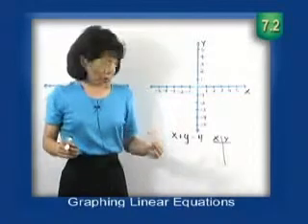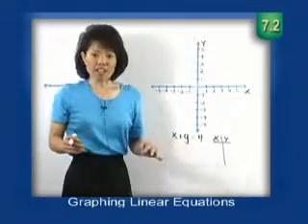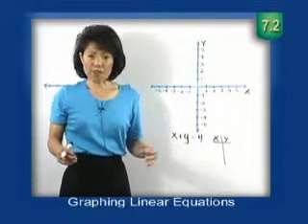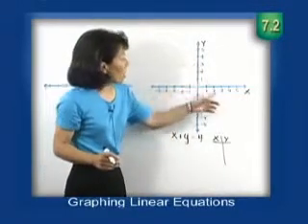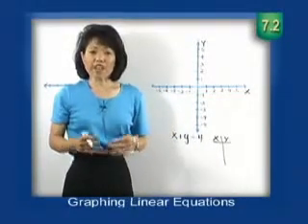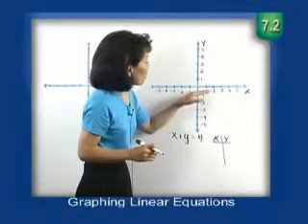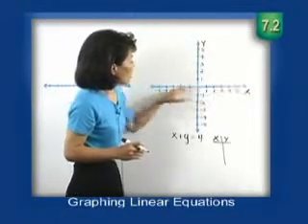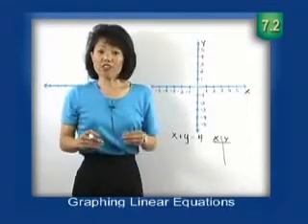So an easy way to start, and this is called the method of intercepts, is to find the points where our graph, when we graph it, crosses the x and the y axis. Why is this an easy method to use? Because we know that all along the x-axis, our y value is equal to 0.